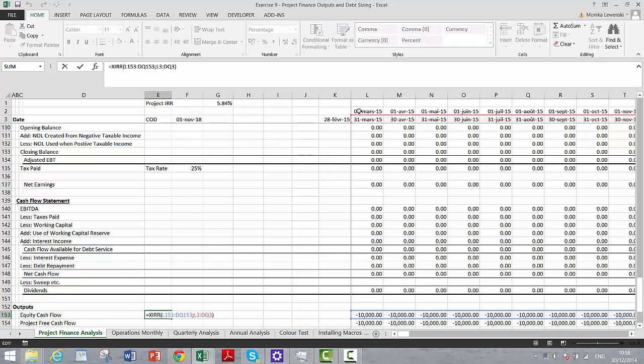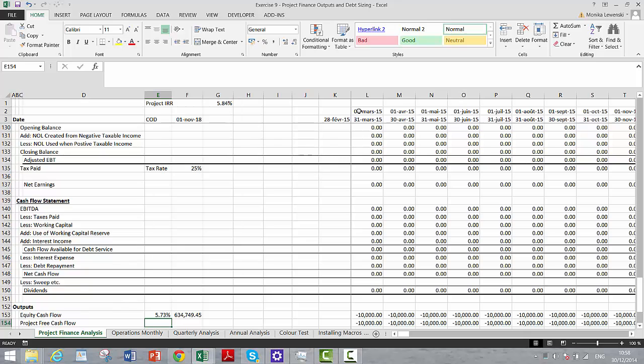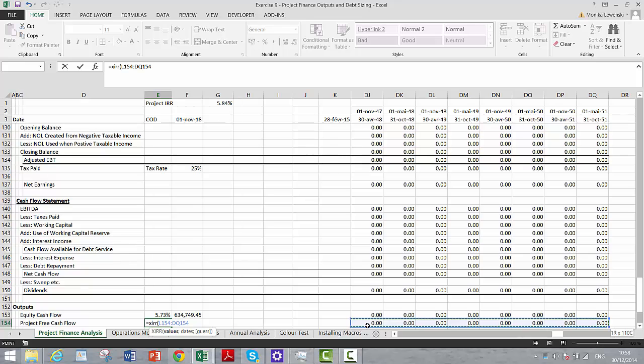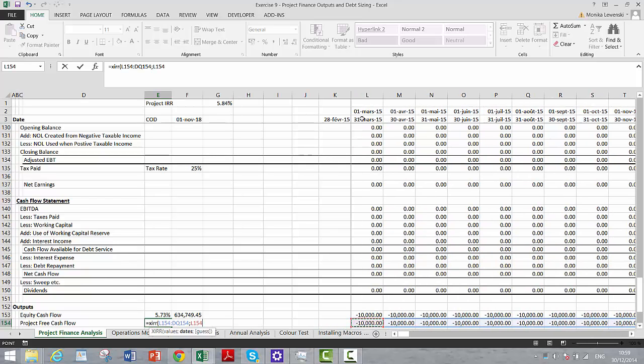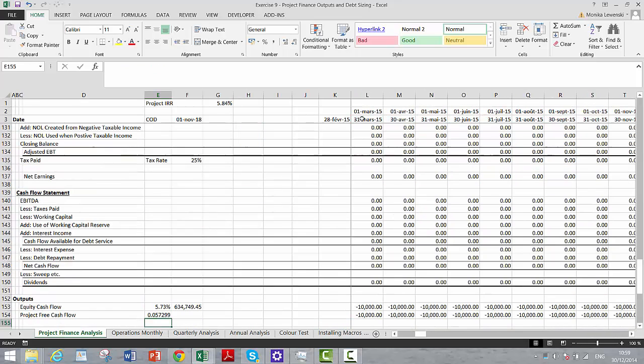The XIRR takes a group of cash flows and also takes a group of dates and computes it. If we compute the XIRR for the free cash flows rather than the project cash flows, we should get the same answer. Shift Control 5.